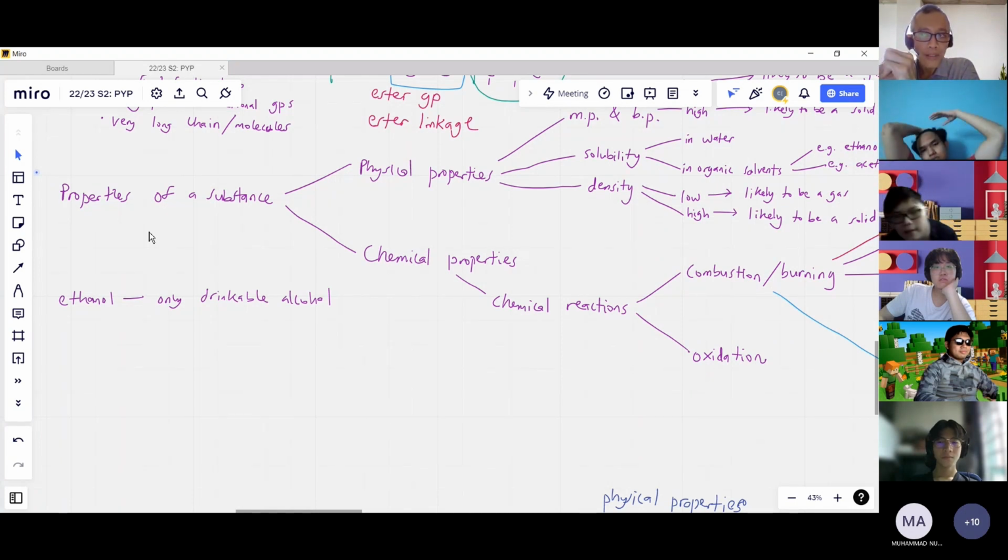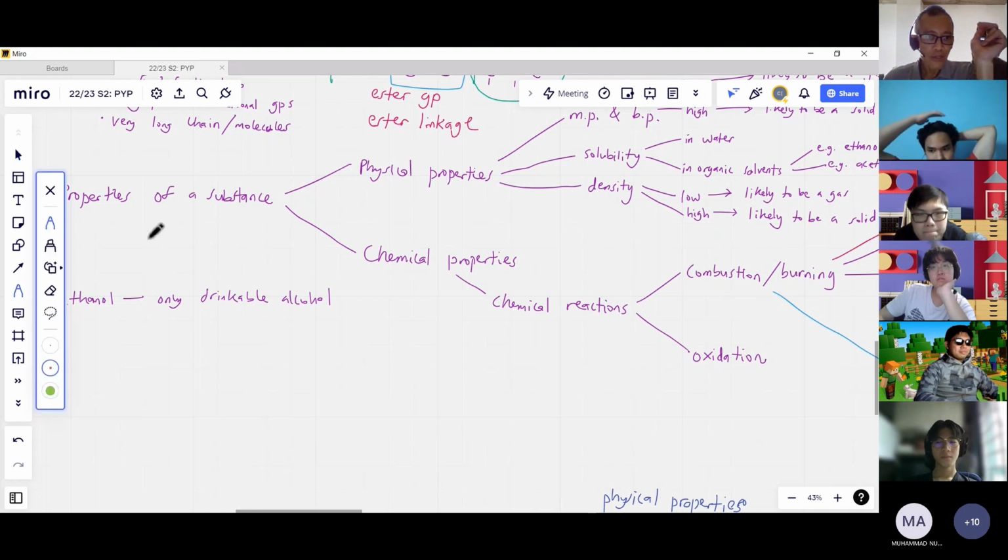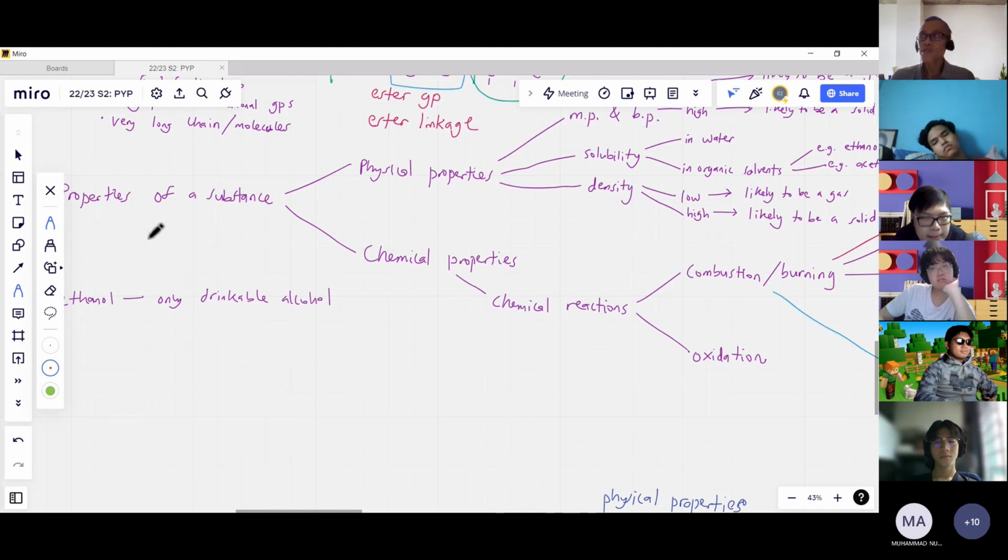Now, 2 kinds of questions. The first one is they will ask you to give an example of a physical property for, let's say, an alcohol. Guys, please, you have to know what is meant by physical properties.